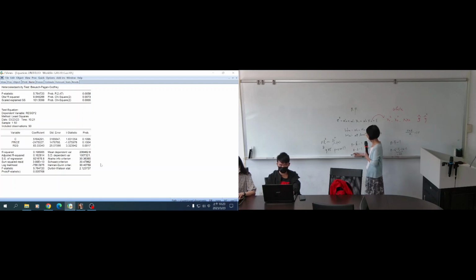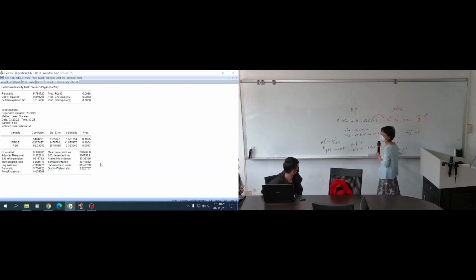What is the result according to this hypothesis testing? The p-value is smaller than the alpha level. Even if you're using 10%, this is pretty small. Therefore, reject the null hypothesis, which means at least one alpha j is not equal to 0. Therefore, the heteroscedasticity problem exists.